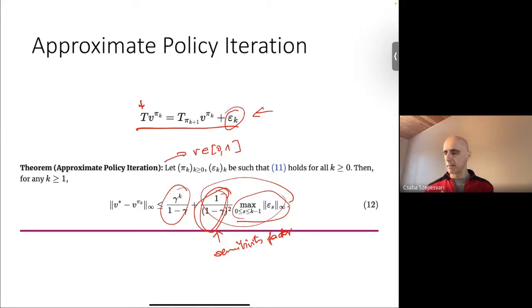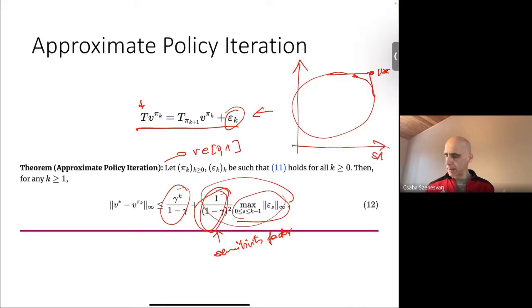What matters is where you are in the value function space. So here is the value function space, and we know that the set of value functions doesn't look like this. It kind of looks like this. Here is V star. So here are the coordinates for all the state action pairs. This is the first state action pair, and this is the last state action pair.